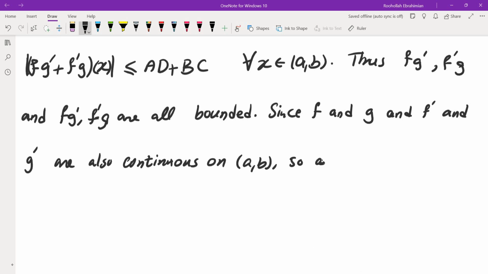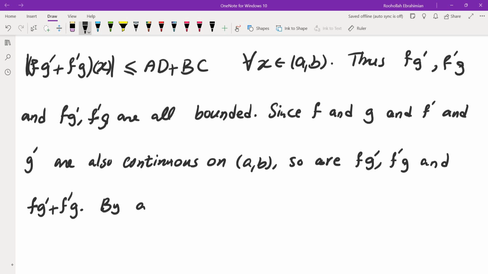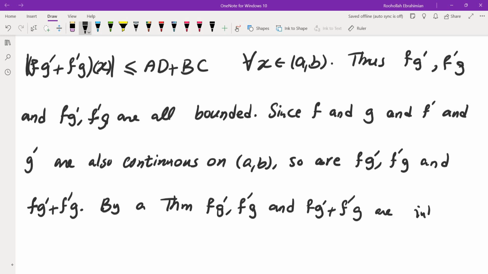So are fg prime, f prime g, and their sum, fg prime plus f prime g. So by a theorem, fg prime, f prime g, and fg prime plus f prime g are integrable.